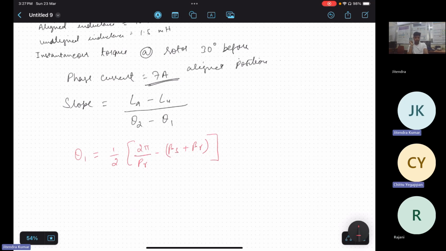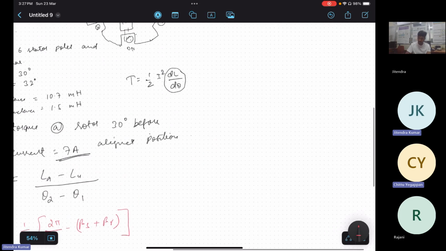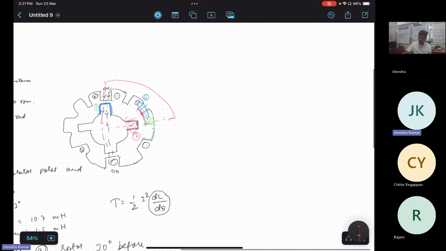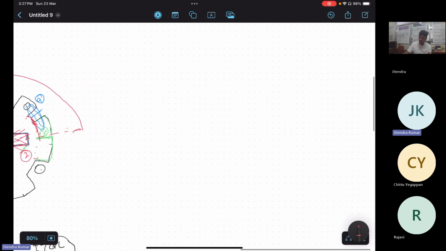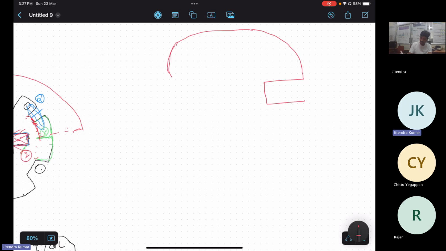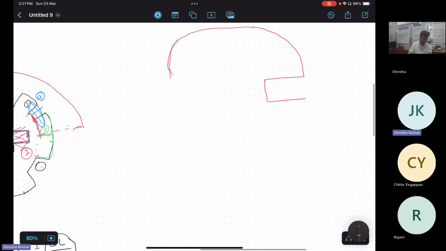No, sir, could you explain again? I didn't figure it out, slightly. Okay, okay. Let us suppose in simple terms, for simplicity, I am drawing two stator teeth and two rotor teeth.